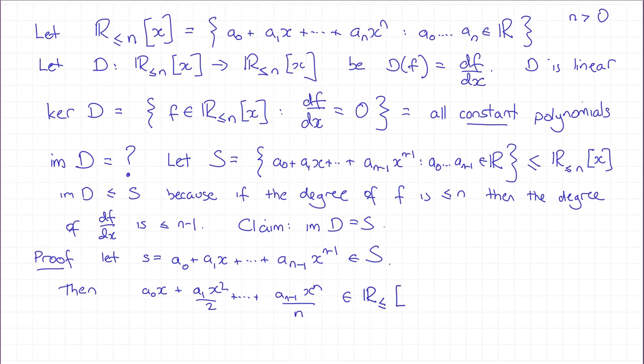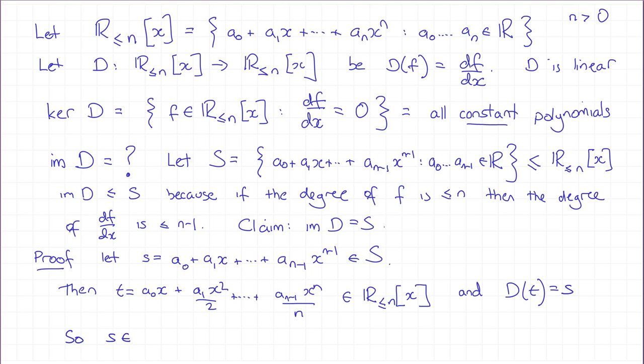That is a polynomial of degree at most n. I say at most n because maybe an minus 1 is 0, so I don't know that it has degree n, just know it's got degree at most n. That's a polynomial of degree at most n. Let's give it a name. We'll call it t. And if you differentiate t, you get s.